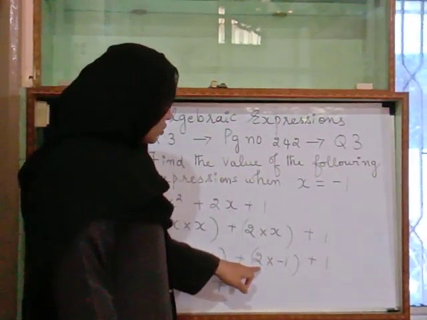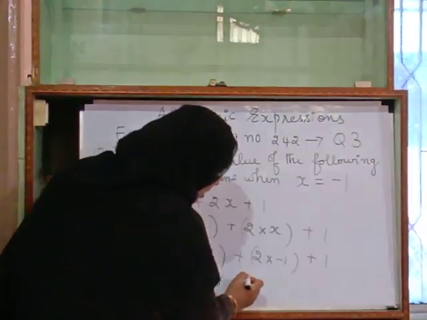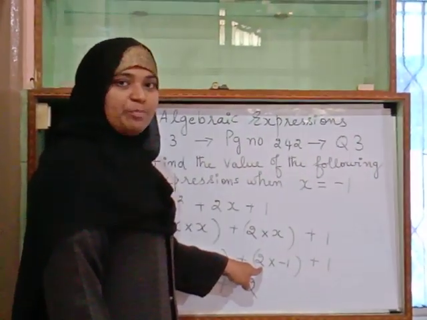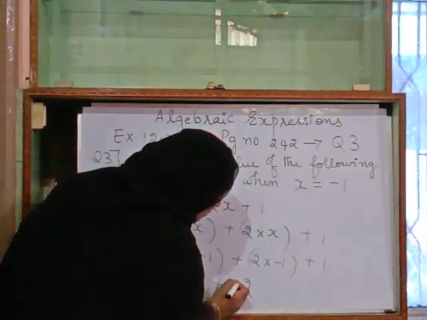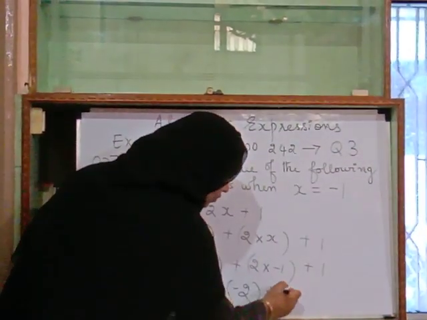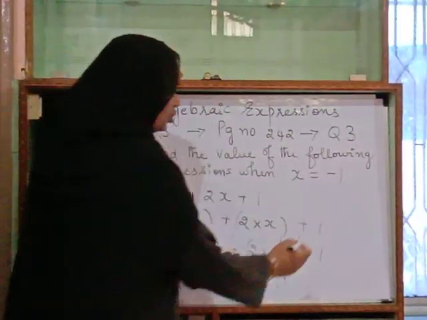Now see here, 2 into minus 1. So 2 into 1 is actually 2. The sign that we have in 2 is actually positive. So plus into minus gives you minus 2. Put this in brackets, plus 1. Now see here, 1 as usual we will write.